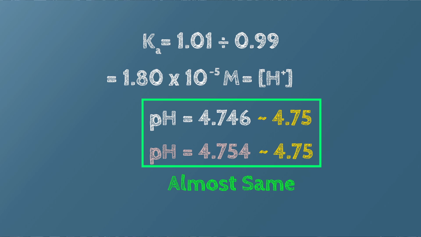The pH is 4.7546, which is almost the same as the previous pH. Actually, if you round it to only 2 decimal digits, then they are pretty much the same.